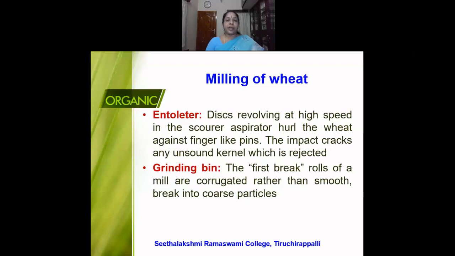After the wheat has passed through the entoleter, where the unsound kernels are removed, it first goes into the grinding bin, where the first break rolls are present. Why are we calling it first break rolls? Because there are several breaking rolls like this. So the first break rolls will break the wheat into finer particles.